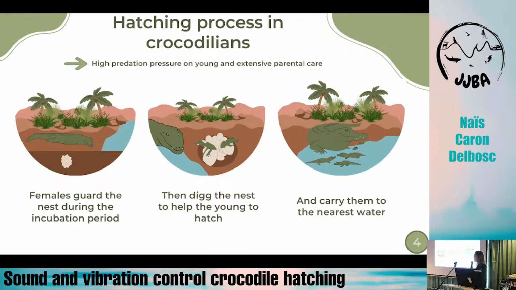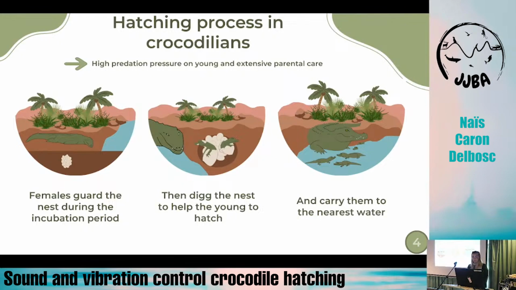They lay several dozen eggs in a nest made of piled vegetation or dug in the sand. Then she will guard the nest during the whole incubation period, and at the end of this period, she will dig out the nest to liberate the young and help them to hatch by grasping them in her mouth and carrying them to the nearest water.